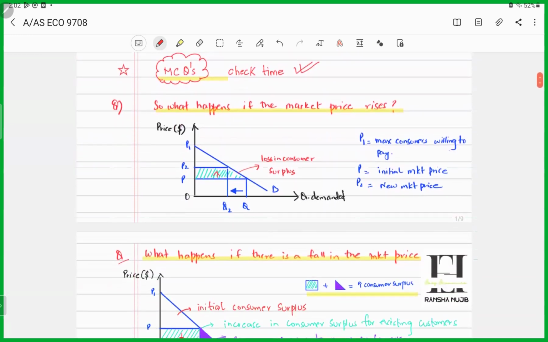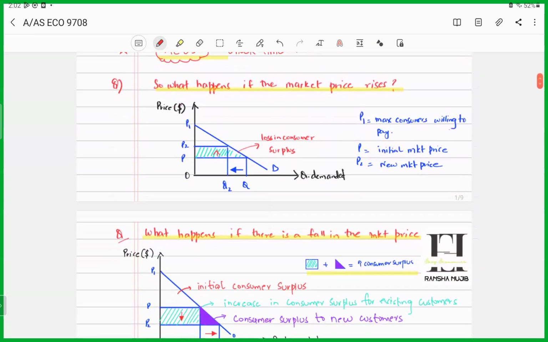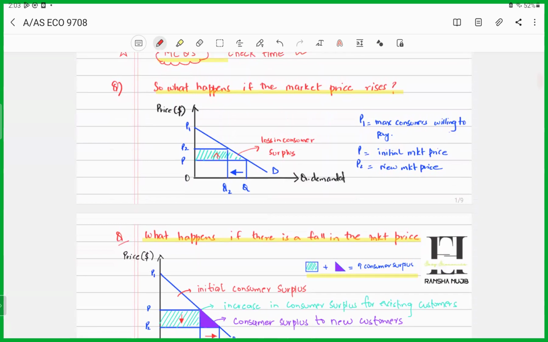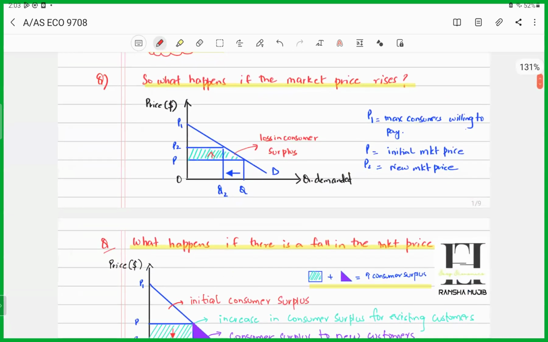Now, the question which arises is, what happens if the market price rises? If the market price increases, let's say from P to P2, what happens? As soon as the market price rises from P to P2, you see the quantity demanded is going to fall and there would be a loss in consumer surplus. The shaded region shows that there would be a loss in the consumer surplus.